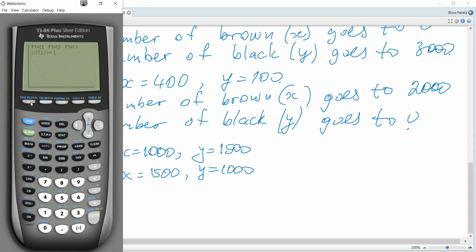Then for x is 1500 and y is 1000, you can see it looks like this.